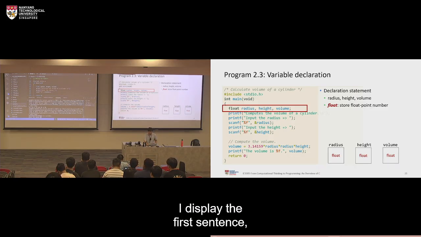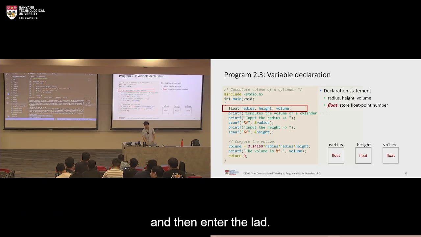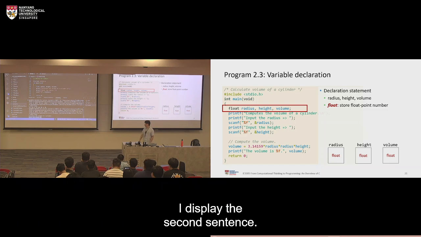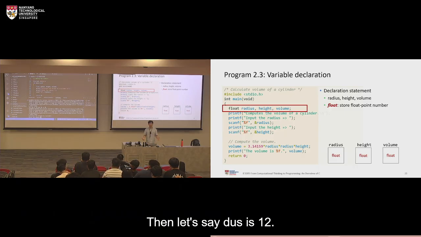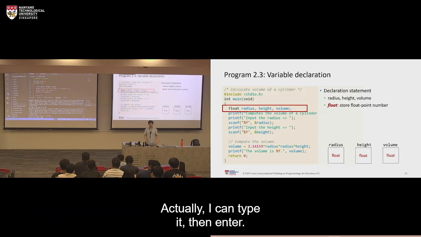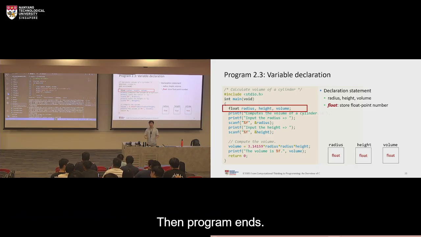Can you see that? I displayed the first sentence and then enter the radius. I displayed the second sentence, right? But this program has not ended. It is waiting for my input, as you can see here. Then let's say the radius is 12. Actually, I can type it. Then hit enter. Then the program ends.